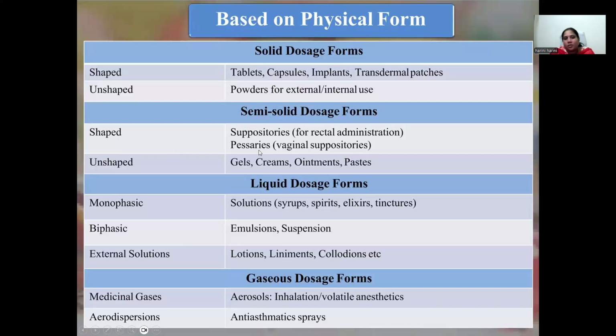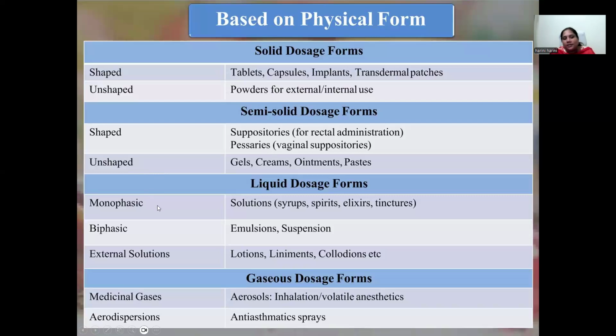Vaginal suppositories are also called pessaries. And if you don't have any particular unit, that is 1, 2, 3, they are called unshaped semi-solid dosage forms, like gels, creams, ointments, paste. They will not have any particular shape or be counted in units. So they all come under unshaped semi-solid dosage forms.